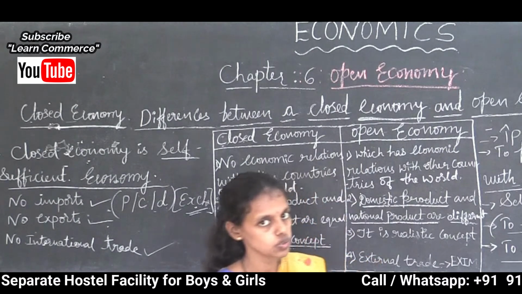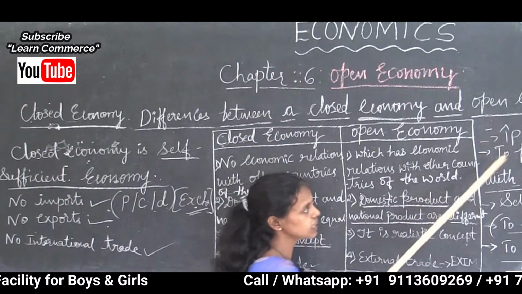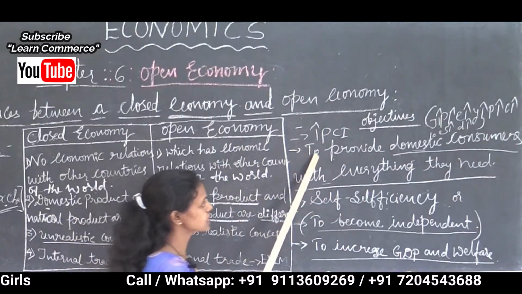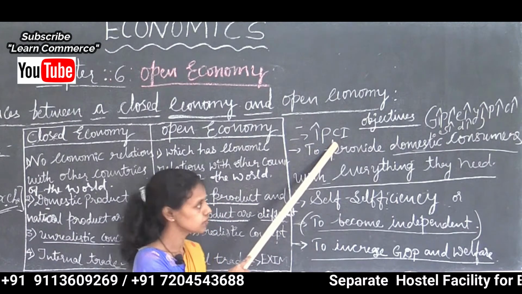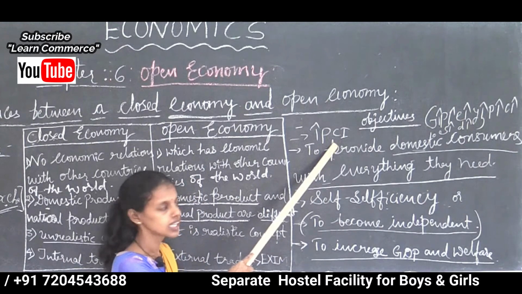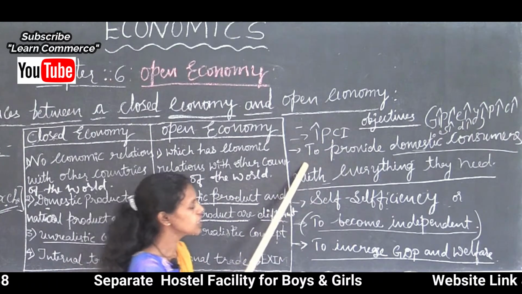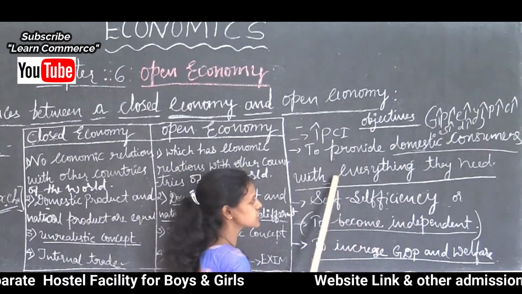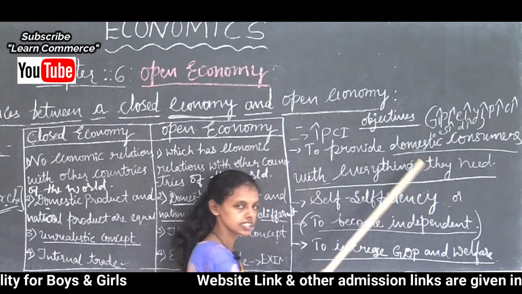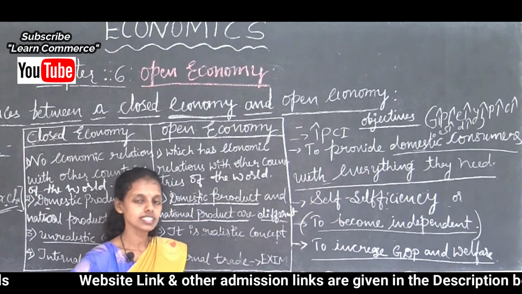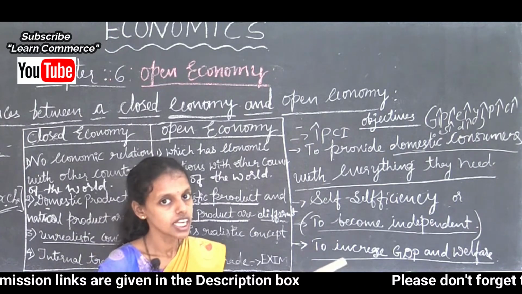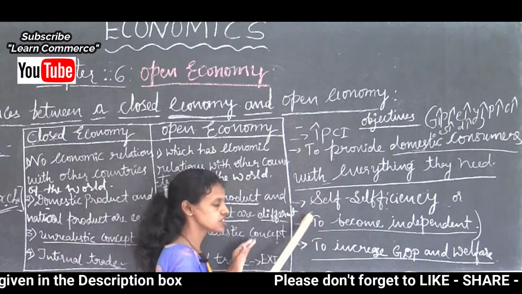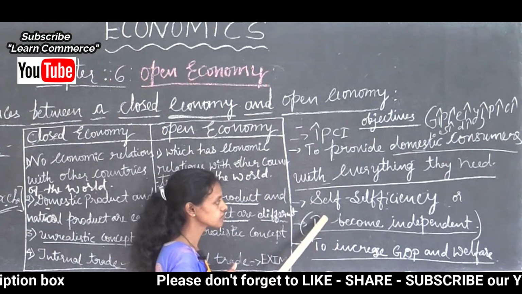The main objective of a closed economy is to increase per capita income, meaning income per head, the income of an individual, and to provide domestic consumers with everything they need. It means increasing production within the country to satisfy the needs of consumers in the country.